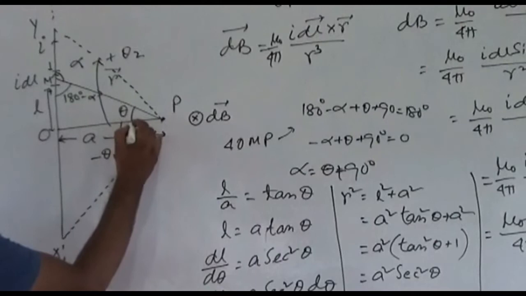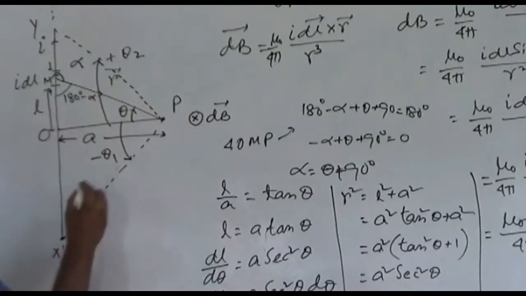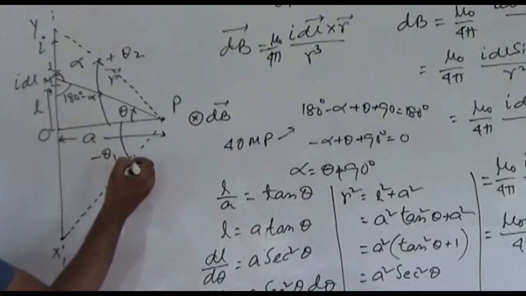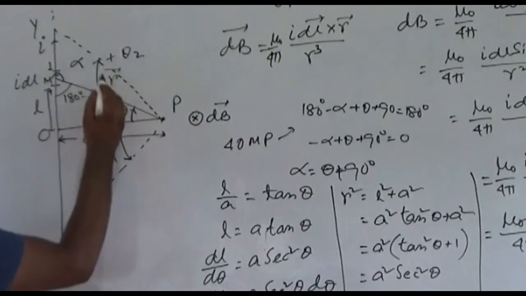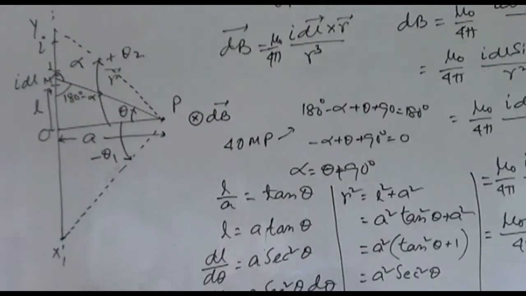Because we have taken this angle as theta. Now if we take into account this point, then I have to go in this direction. That's why this angle is minus theta 1, but this angle is in the same direction as theta. That's why this is taken as plus theta 2.